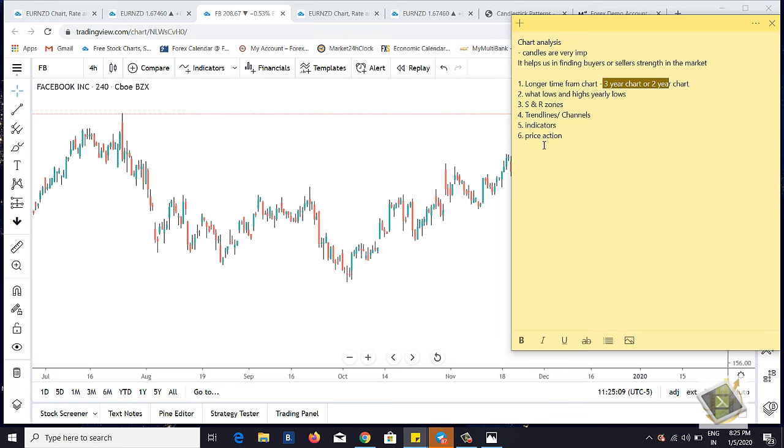So confirmation, I'll just give you a few examples of confirmation. I cannot teach you all types of confirmation. So one confirmation can be a break of a trend line. One confirmation is that it is trading at a resistance level.